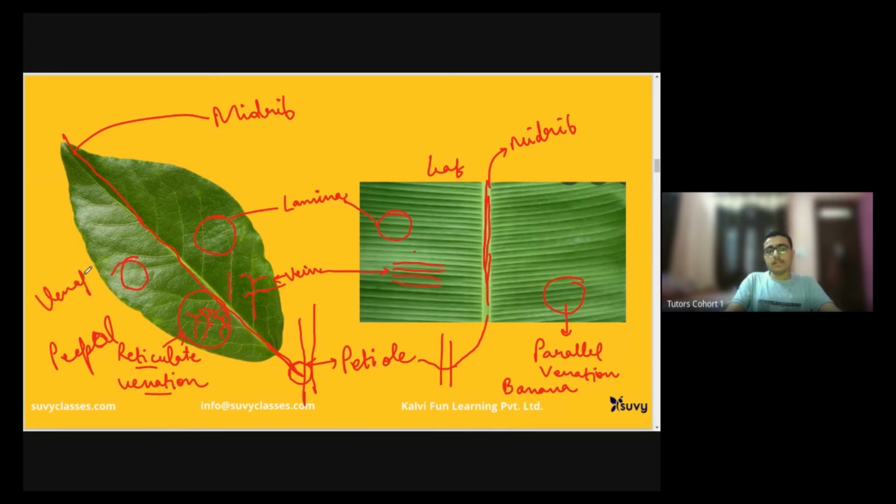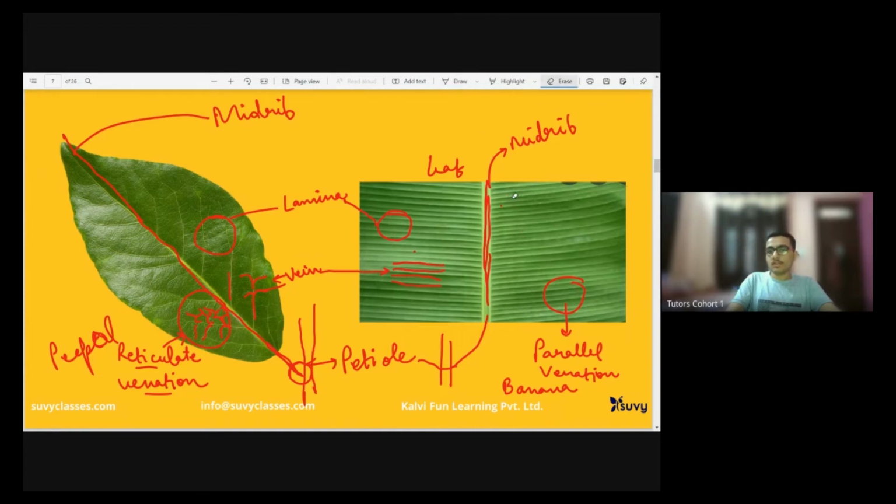So this is a reticulate venation, and this is parallel venation. Already marked here. So we have just discussed it.